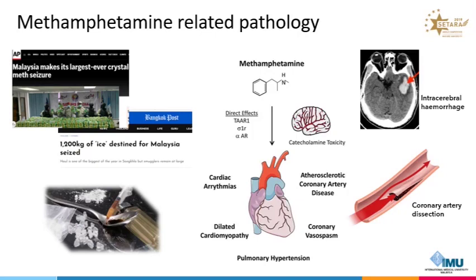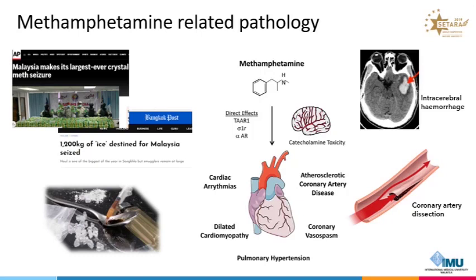So this is an example of a coronary artery dissection, where basically the inner layer of the artery ruptures, tears, and instead of the blood going through the normal lumen, it also enters the layer underneath that tear. And so it's actually a blood tracking along the wall of the artery. And methamphetamine related deaths have been reported in relation to coronary artery dissection.